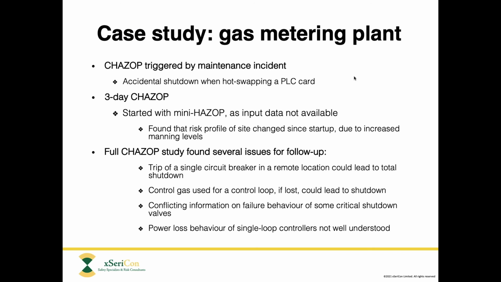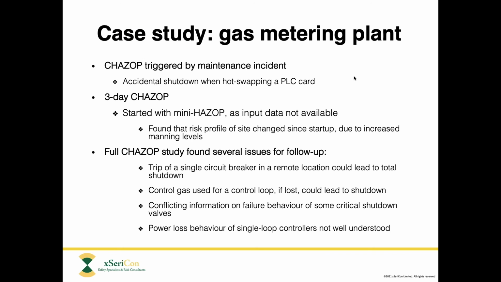There will also be other safeguards within the control system itself, such as watchdog alarm or redundant channels. And then there may also be passive safeguards, relief valves, check valves, and the ESD system should be still available. So those would be documented as safeguards and taken into account in the risk ranking. So that is just one example of how we might evaluate one case out of many, probably hundreds of cases that we will cover in a typical CHAZOP workshop.